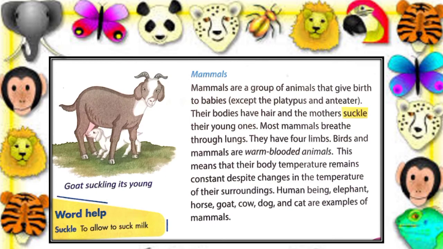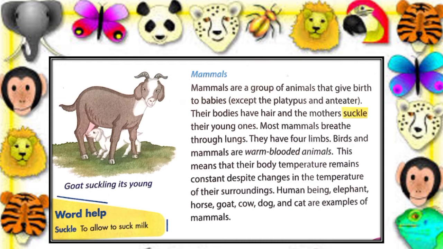Now let's understand about features of mammals. So some animals do not lay eggs and they reproduce by giving birth to young ones that feed on their mother's milk.